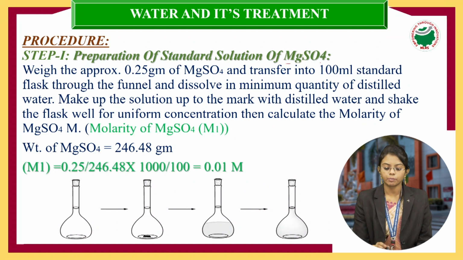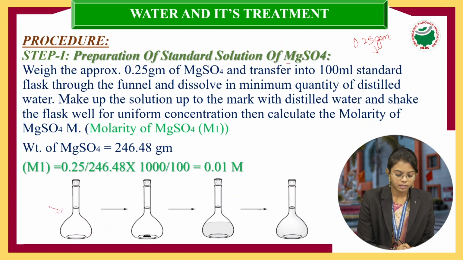For preparing this standard solution, first we need to take 0.25 grams of MgSO4 salt. You are going to weigh 0.25 grams of MgSO4 and transfer it into a standard flask. This is your standard flask.